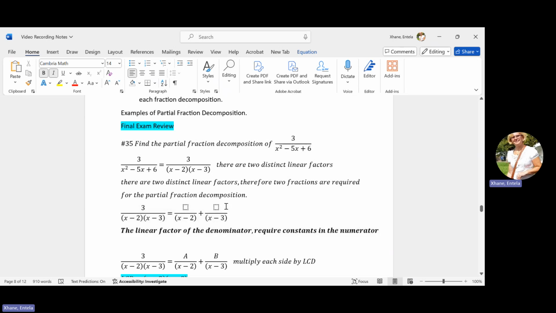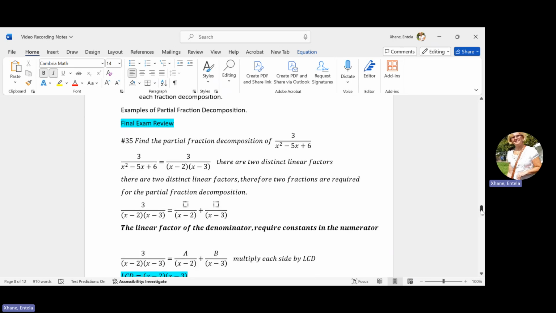And then I have these two empty boxes on the top. Since the denominators are of degree 1, because x is to the power 1, you don't see the degree, then the numerators are going to be constants. I do not know what the numerators are. So one of them I call constant A, and the other one automatically is going to be B because they're not the same. This is what is called the setup of your partial decomposition.